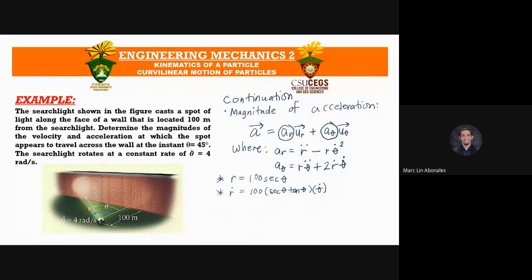So here, if you notice, we have actually three different variables or different entities. So we have sec theta, tan theta, and theta dot. So dili pa nato i-substitute like what I mentioned, 45 degrees and 4.